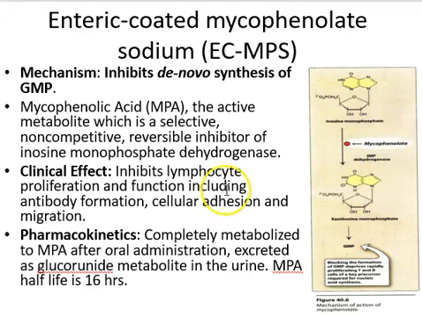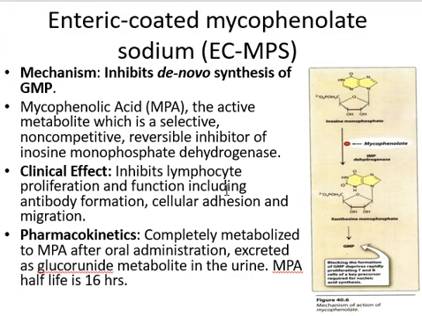What are we looking at? Well, what cells rapidly turn over the most? Lymphocytes. A lot of these drugs have profound lymphocyte proliferation and growth inhibition. Through inhibiting lymphocyte activity, they also reduce antibody formation.